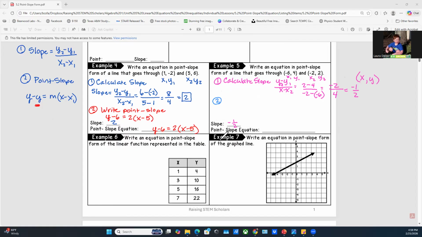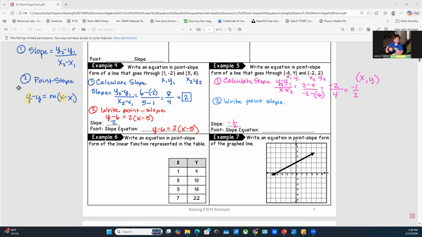Okay, so the next one, we're going to go ahead and write point slope. I'm going to remind you real fast. Let me just go ahead and highlight this while I'm thinking about it. This letter here and this letter, you do not plug numbers into; you just write the variable over again.